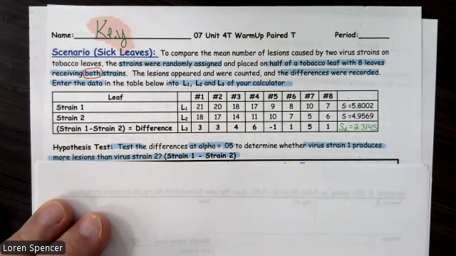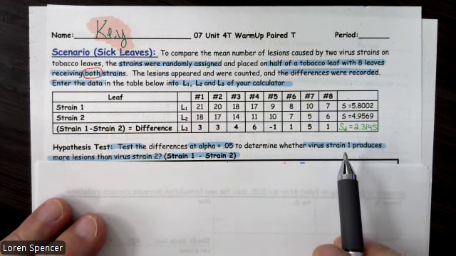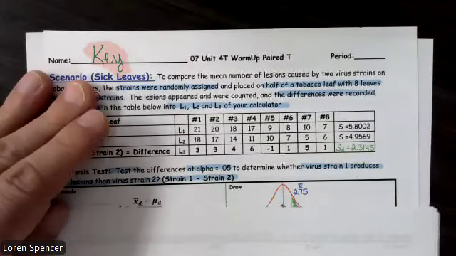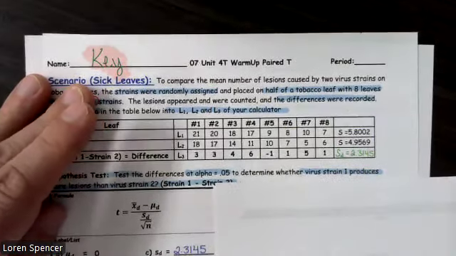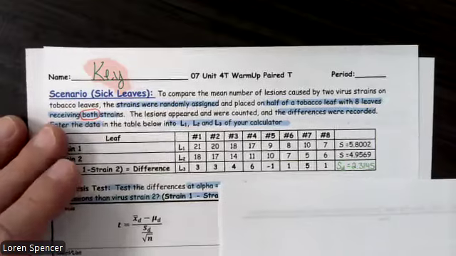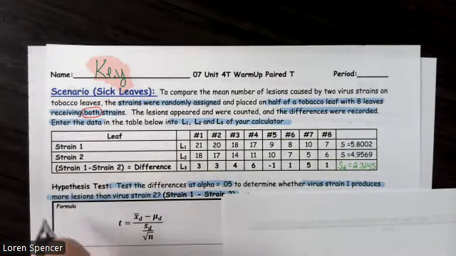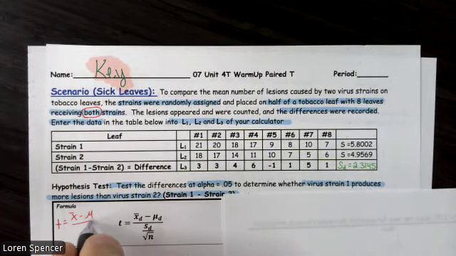All right, so test the difference at alpha equals 0.05 to determine if virus strain one produces more lesions than virus strain two. Now, the interesting thing about this is our formula is almost exactly the same as what we were working with before. Prior, when we were working with a t distribution, we had t equals x bar minus mu, divided by s over the square root of n.